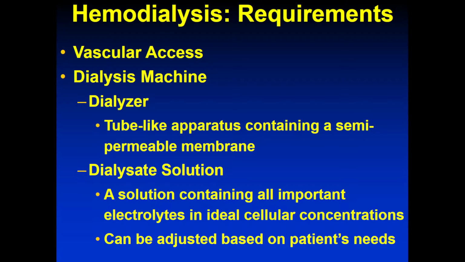We must have a dialysis machine and provide the dialysis. These are tube-like apparatus containing a semi-permeable membrane and dialysate solution. This solution contains all important electrolytes in ideal cellular concentrations. And this dialysate solution can be adjusted based on the patient's need.